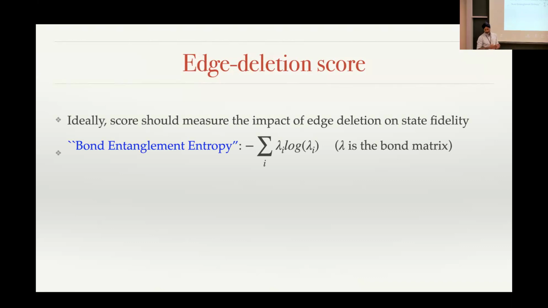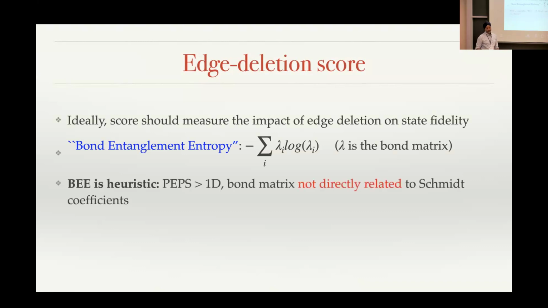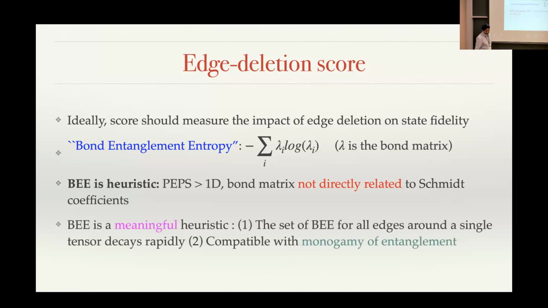This matrix is always made of singular values of some matrix, so it's always diagonal and positive. So you can define this quantity. Now, like I said, in 1D, this is really the bipartite entanglement entropy of the state. But that's not the case in higher dimensions. So it's really a heuristic. This is some measure of correlations, but who knows, right? But in the paper, we argue that it is indeed a meaningful heuristic for a number of reasons.